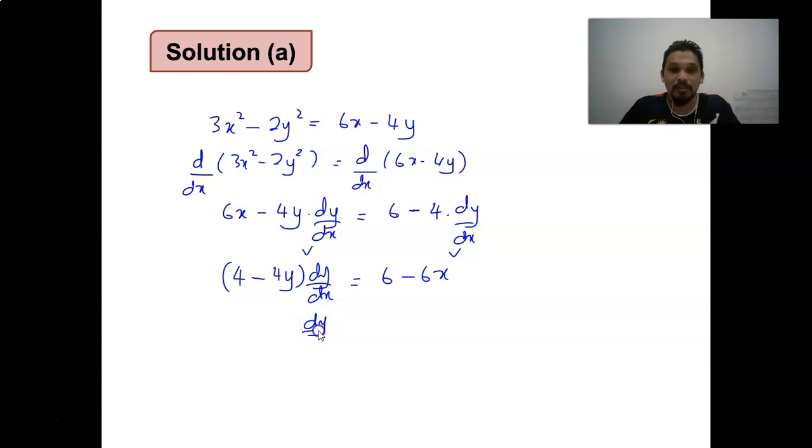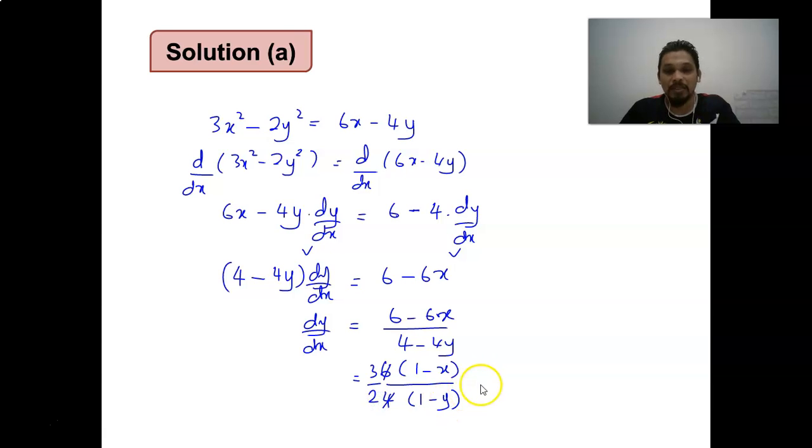So then dy dx equal to 6 minus 6x divided by 4 minus 4y, and then factorize, 6 times 1 minus x, and 4 times 1 minus y, and divide by 2, each of these comes up with 3 over 2. So equal to 3 over 2 times 1 minus x divided by 1 minus y.